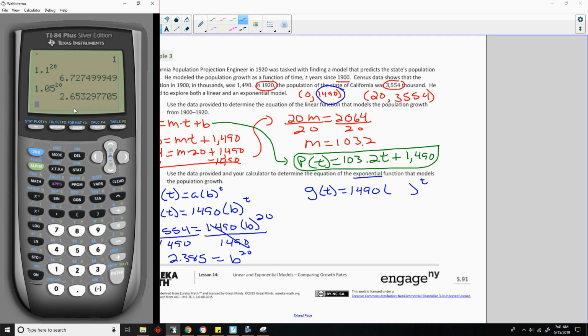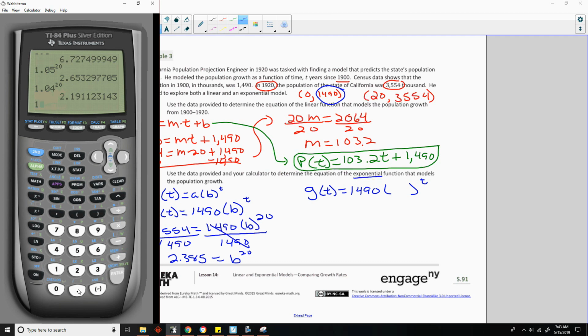Now I'm down to 2.65, getting closer, see? 2.65 is more than 2.38, but I'm getting closer, so I know it's 1.0 something. Now I'm going to try 1.04 to the power of 20. And I got 2.19. That's not enough.